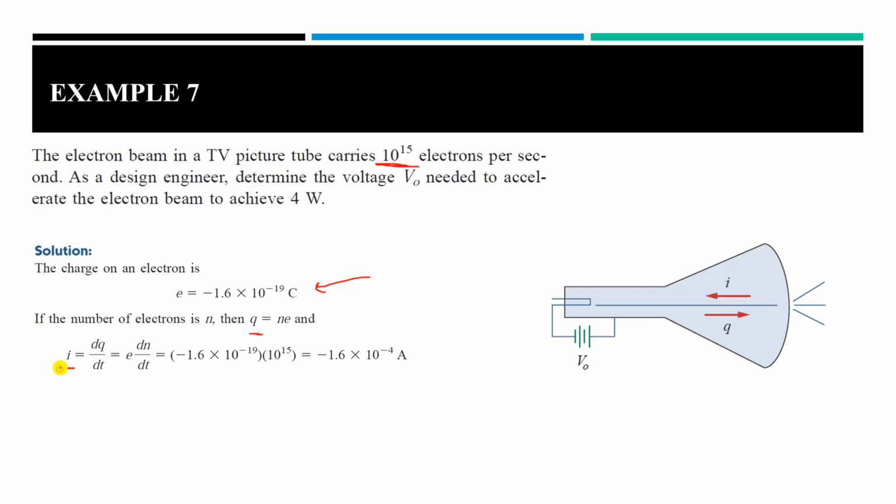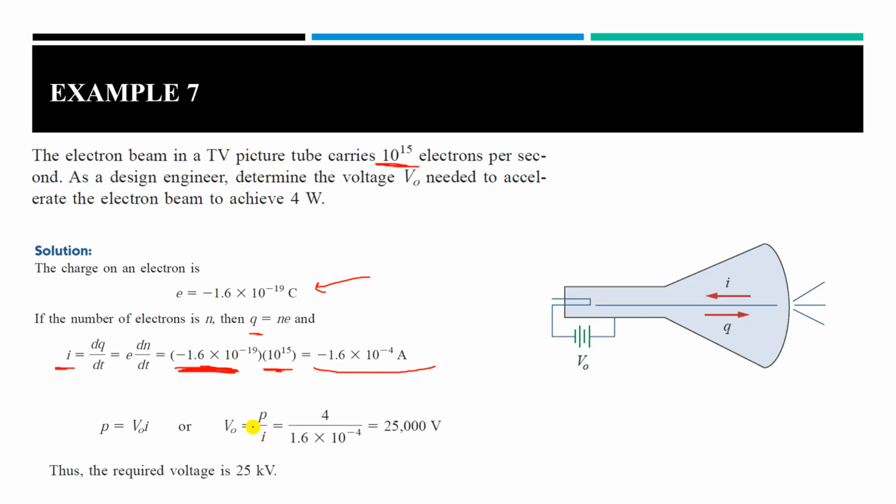And we know that the current is equal to dq over dt, and q is equal to Ne. So we will have the current provided is negative 1.6 multiplied by 10 to the power negative 14.